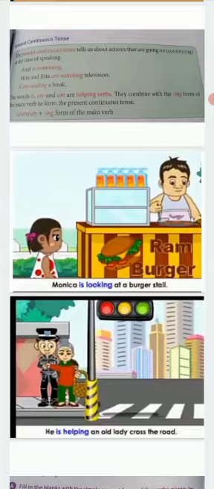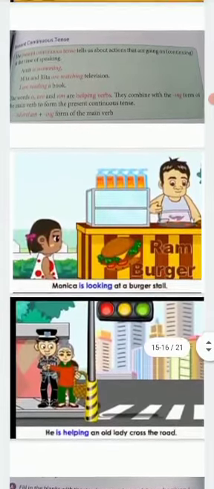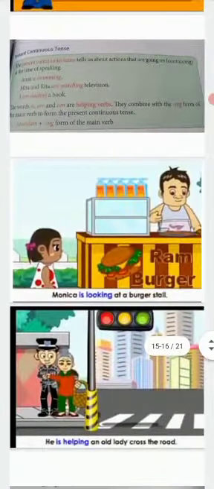They combine with the ing form of the main verb to form the present continuous tense. Is, am, are plus ing form of the main verb. So students, the main verb plus ing never comes alone. It comes with a helping verb, means is, am, are.